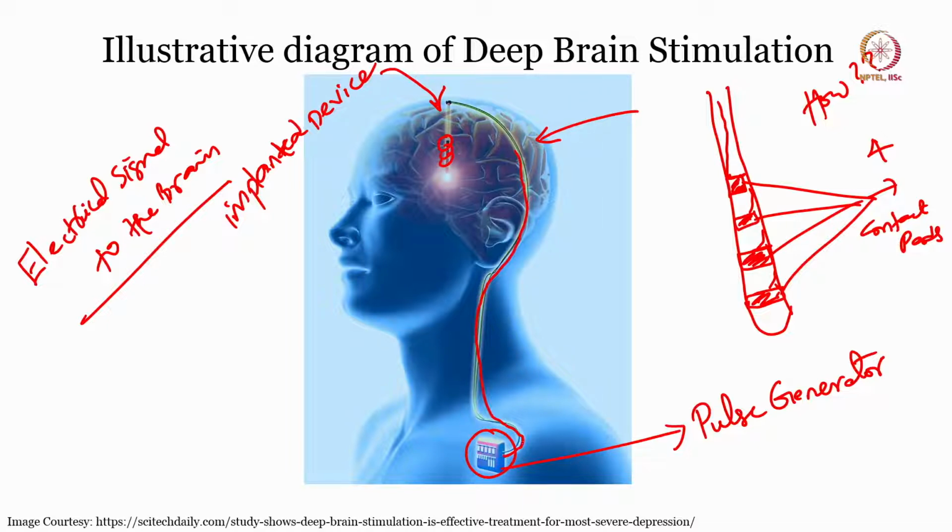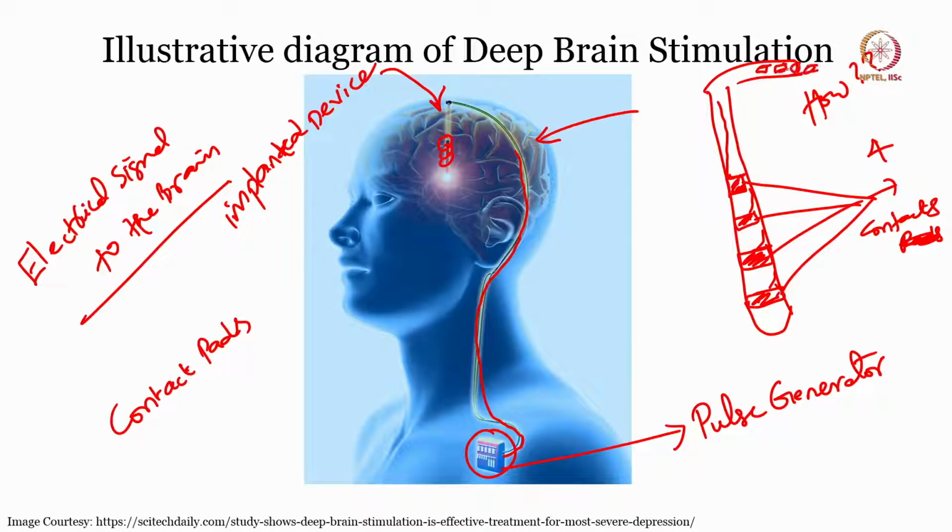These are contacts, and there is something also called contact pads. Because how do you need to supply the current to the electrodes? By having some contact pads somewhere at the end.